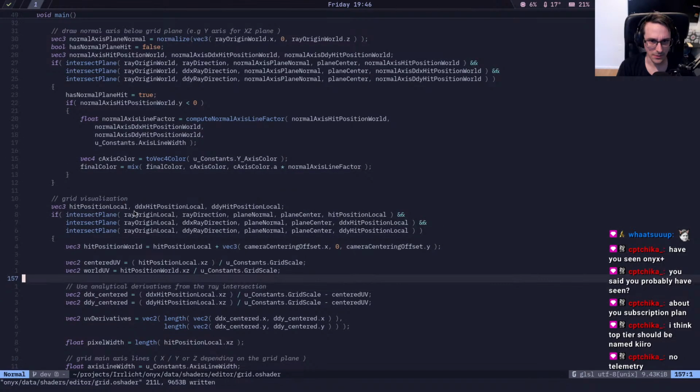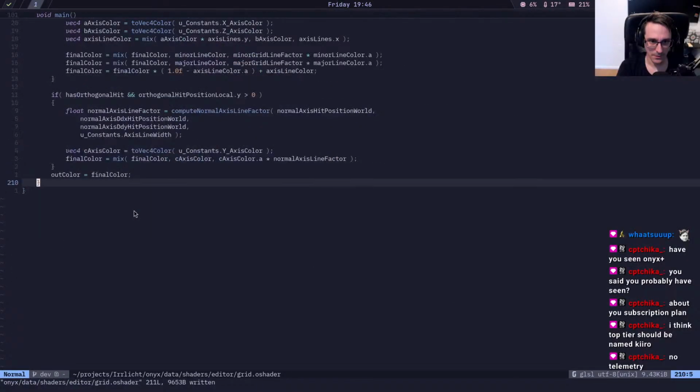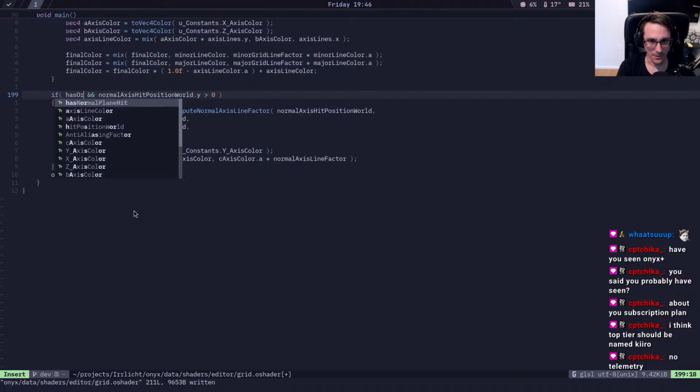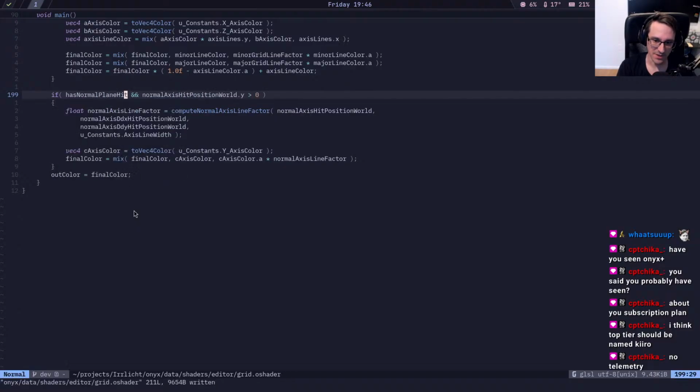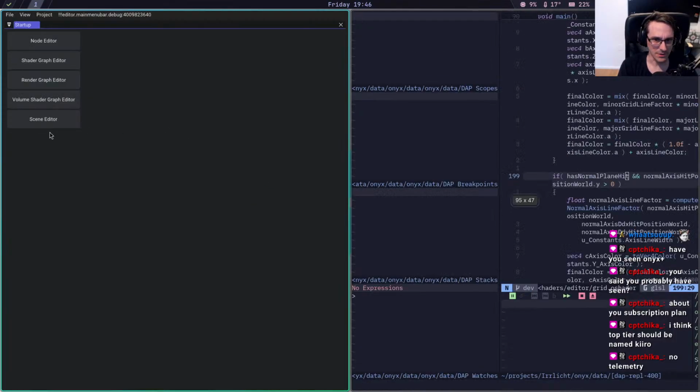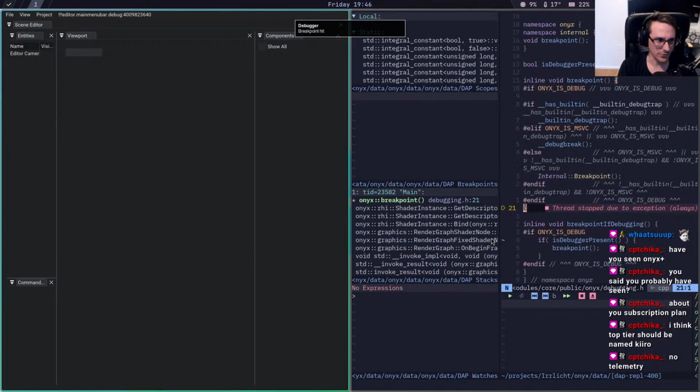And I think, well, we need this one as well. And put that here. Oh, and then here as normal plane hit. I think that should be already it. Let's see if we made a mistake. Of course we did.